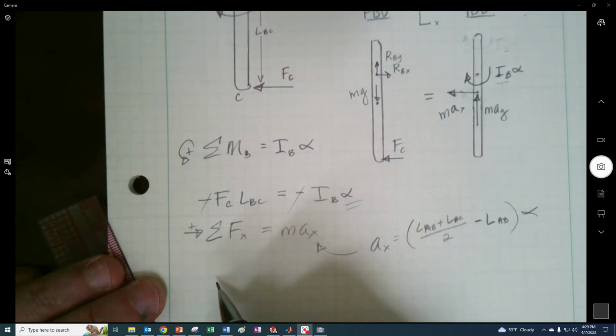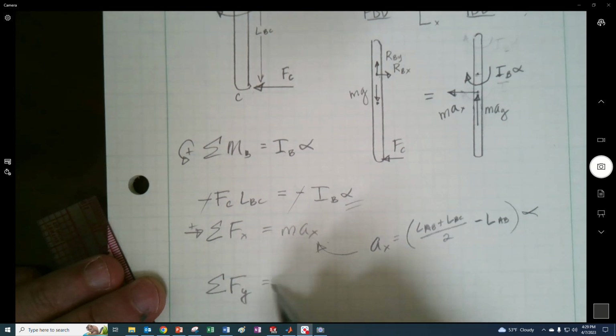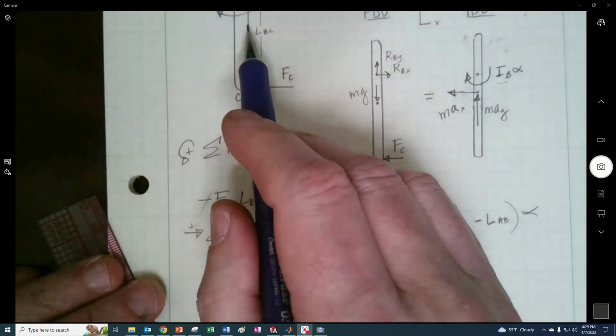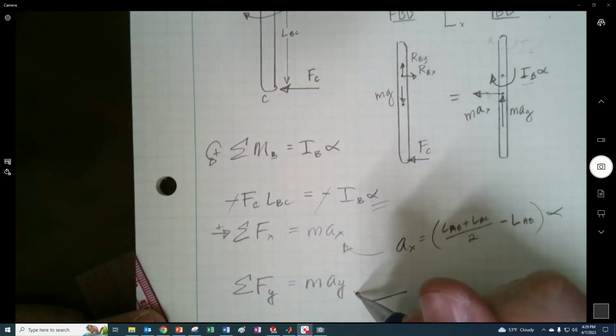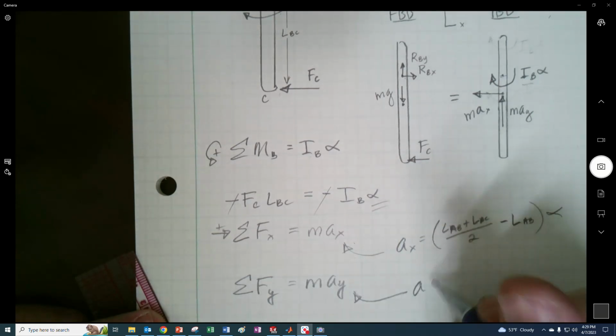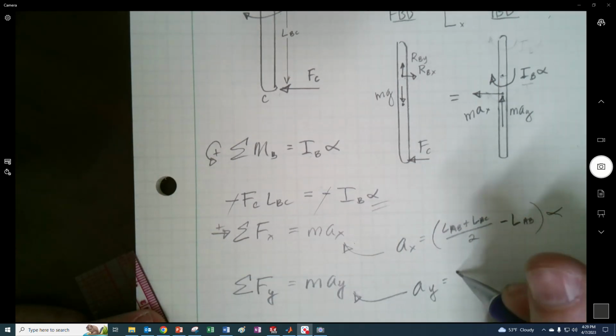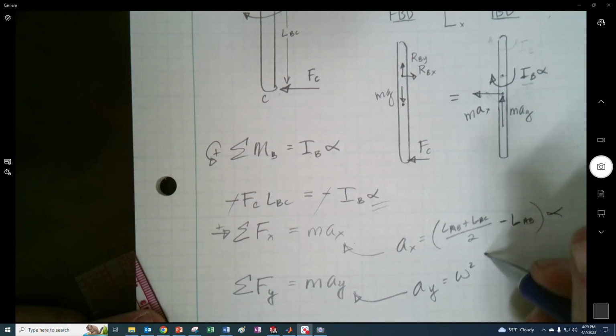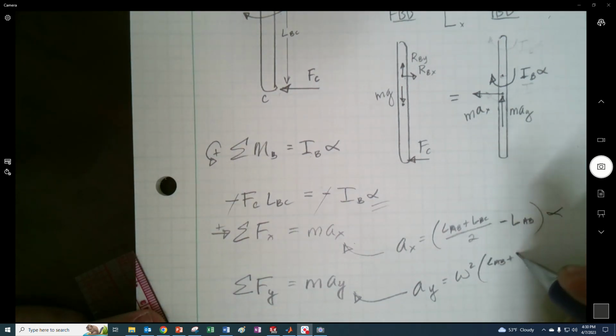And then the one that you probably didn't remember, mass times acceleration in the y direction, there is angular velocity on this thing here. So the acceleration in the y direction is going to be omega squared. And then that same value right there, the LAB plus LBC over 2 minus LAB.